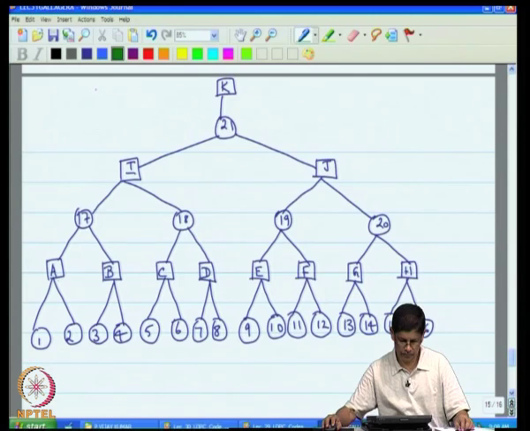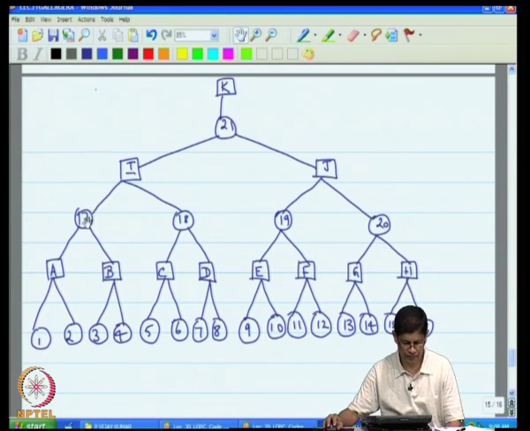Now, consider a message that is passed during a certain iteration, let us say the second iteration, a message that is passed from a check node to a variable node. The message that is going to be sent is a function of the incoming messages.